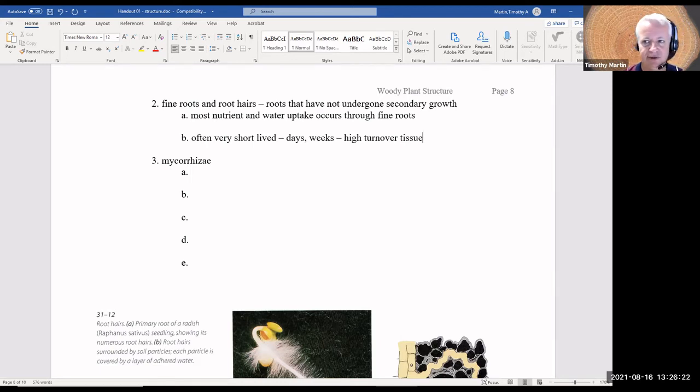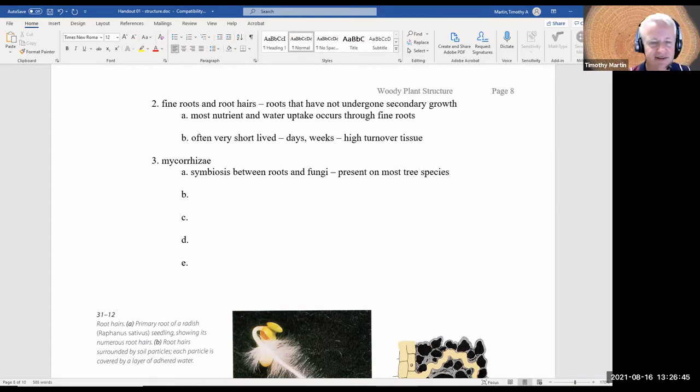Another thing related to root systems I want to talk about are mycorrhizae. So mycorrhizae are not technically roots. They are a symbiosis between roots and fungi. They're present on most tree species.